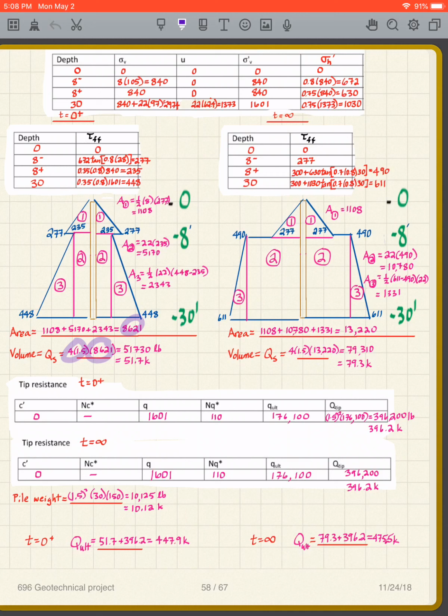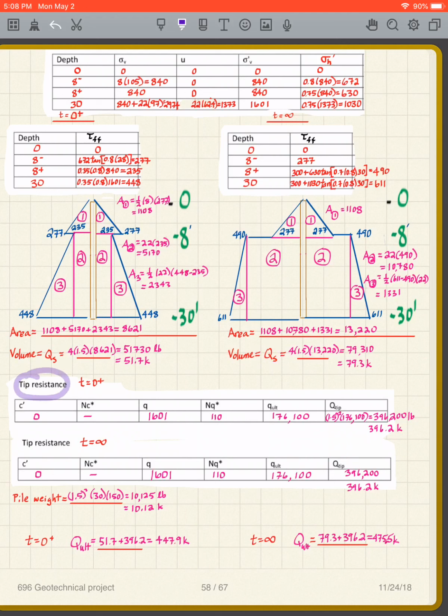And that gives me the side friction resistance, and that's 51,730 pounds, or 51.7 kips, and 79,310 pounds, or 79.3 kips. So that is my Q side, the side resistance.